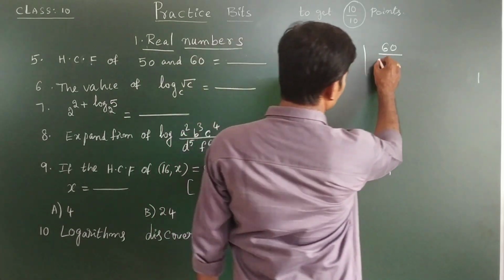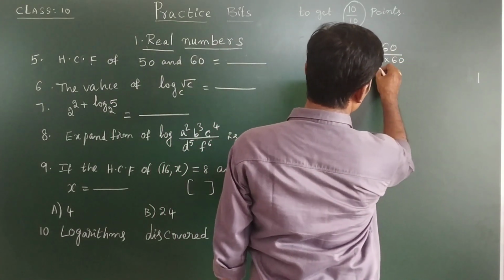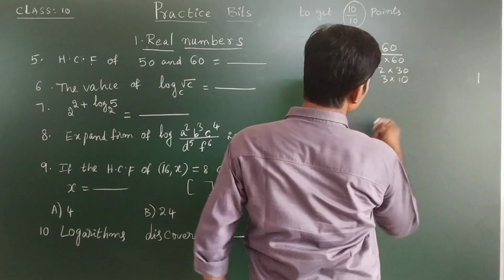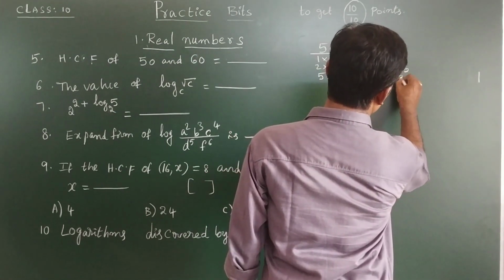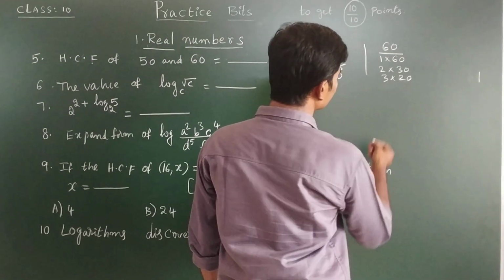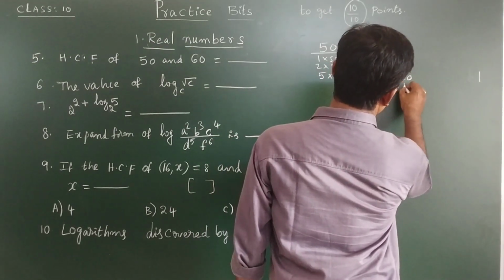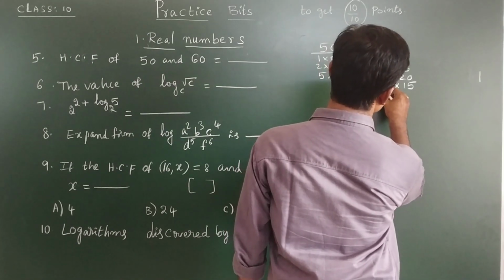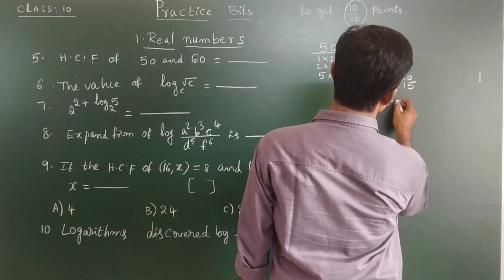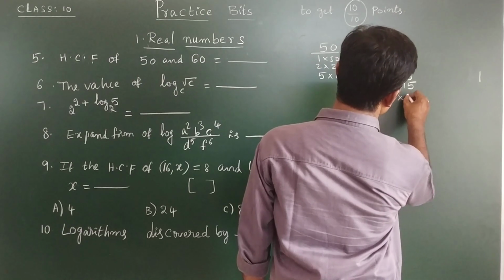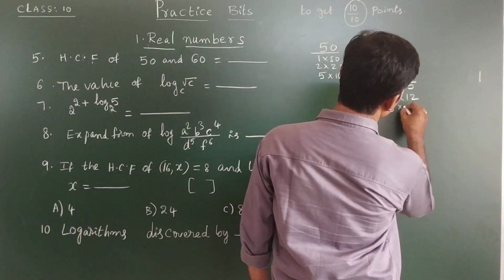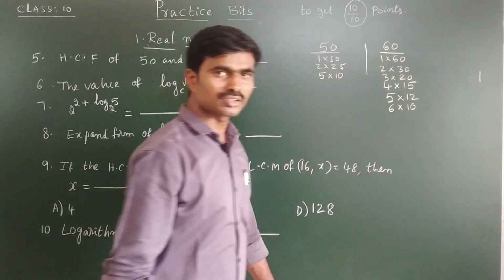And for 60: 1 60 is 60, 2 30s are 60, 3 20s are 60, 4 15s are 60, 5 12s are 60, 6 10s are 60.